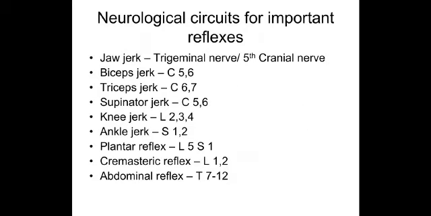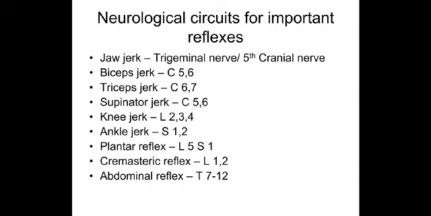You need to understand the neurological circuit for important reflexes. For the jaw jerk, the afferent is trigeminal and the efferent is the fifth cranial nerve. Biceps is C5-6, that's the root value. C6, C7 is the triceps jerk root value. The supinator has a root value of C5-6.